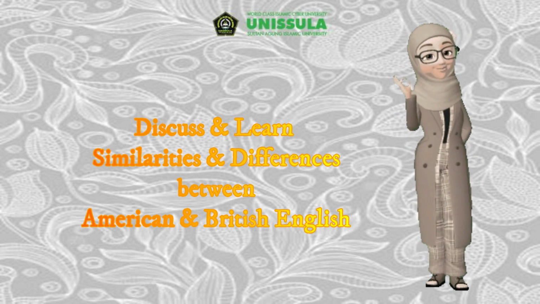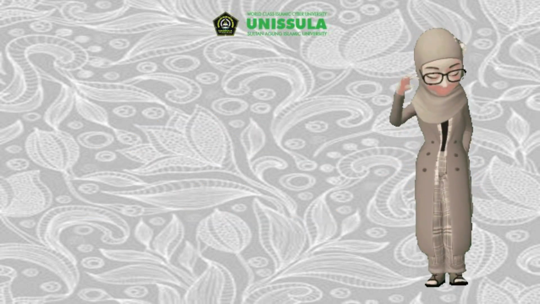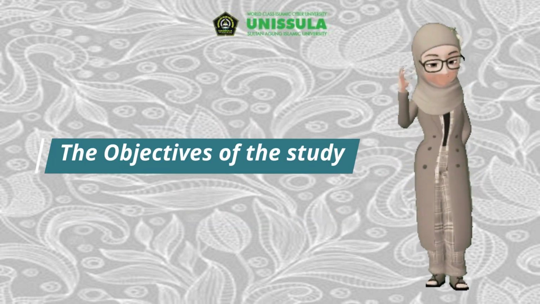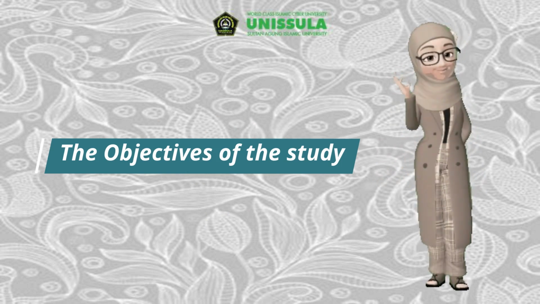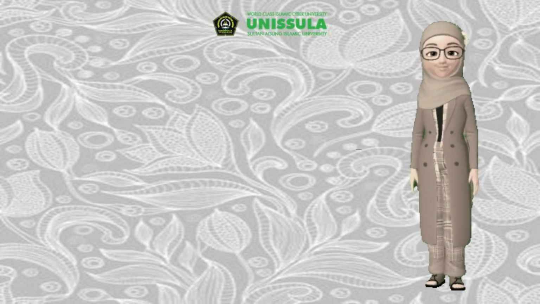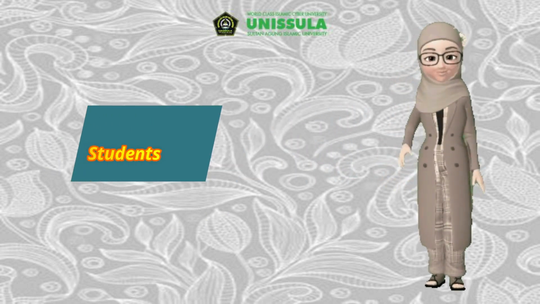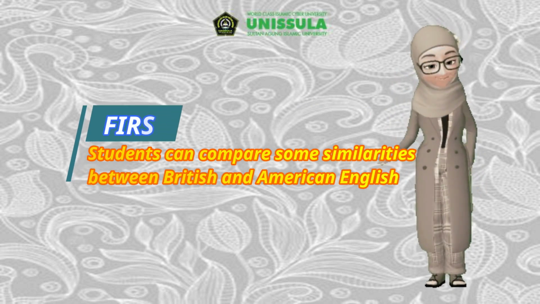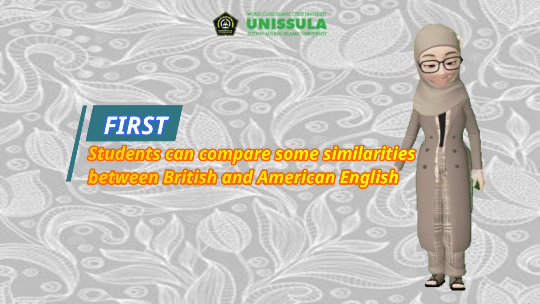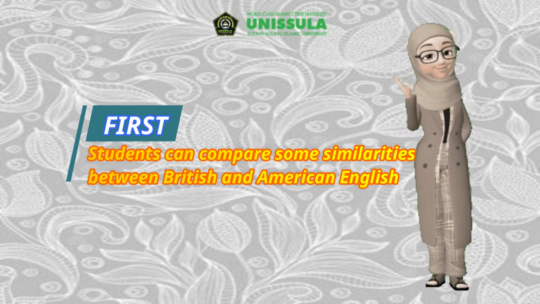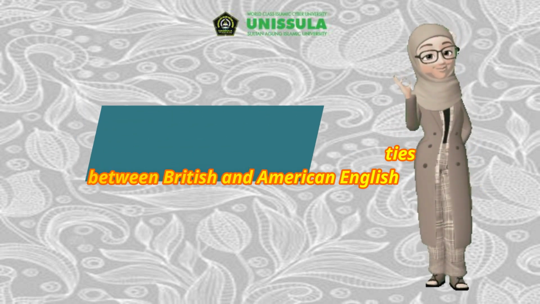Before I come to our topic today, you have to know about the objectives of our learning today. The first objective, students can compare some similarities between British and American English.